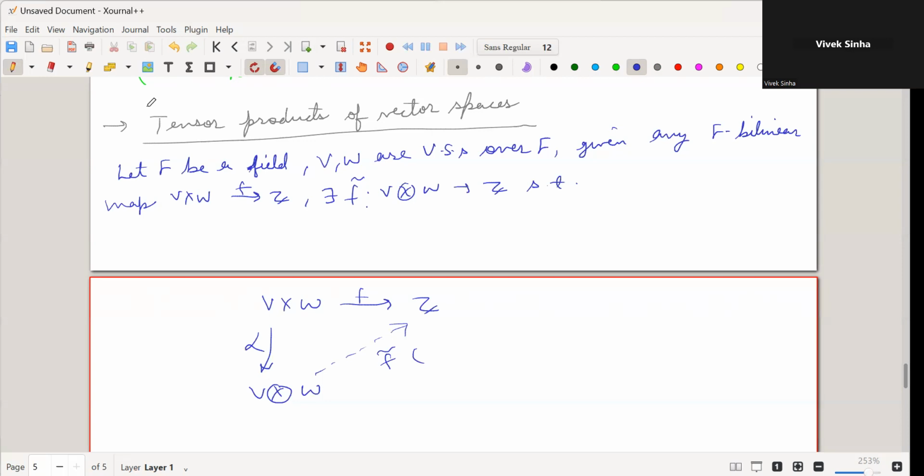Okay, so this is F linear map f tilde from V tensor W to Z, such that this commutes.